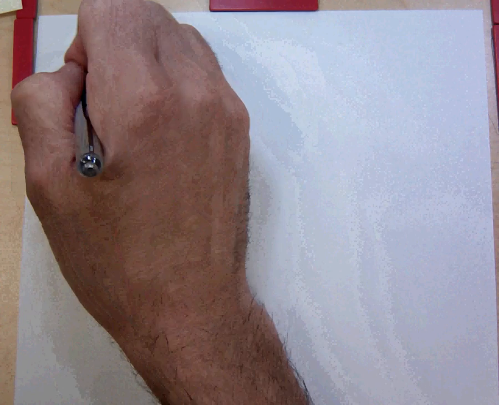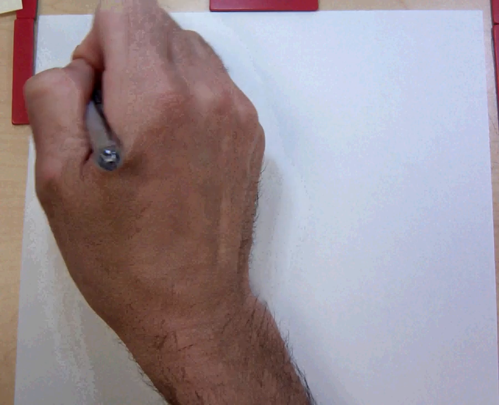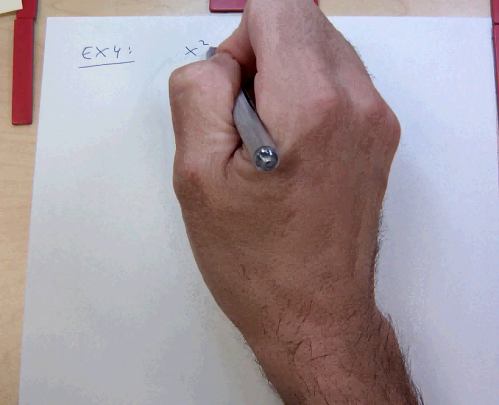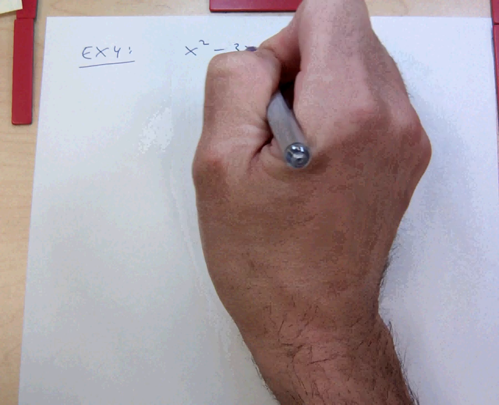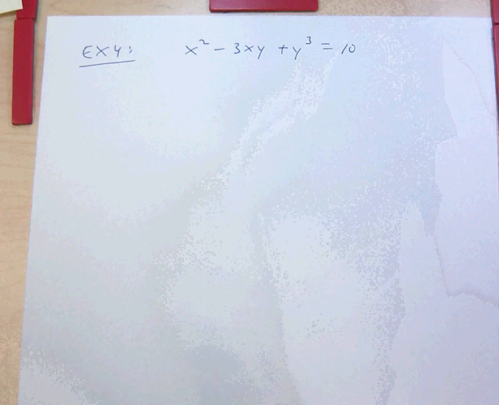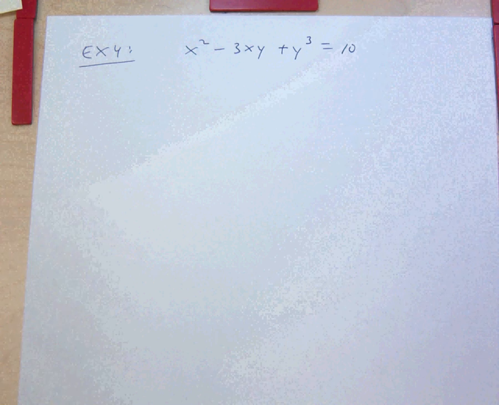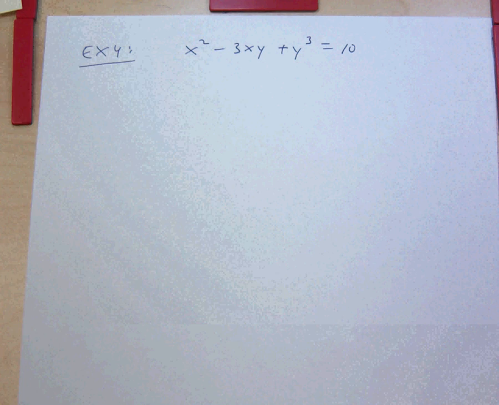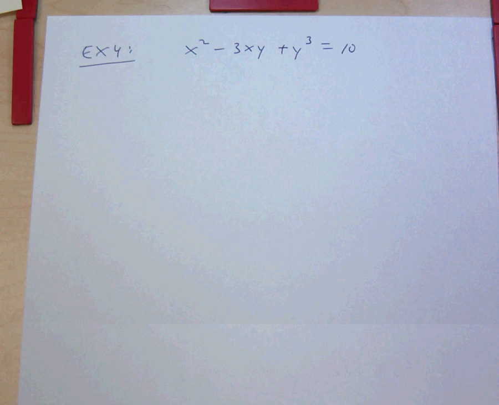Here's example 4. We have x squared minus 3xy plus y cubed equals 10. Ready? And it said, again, find the derivative. If I'm not telling you otherwise, always assume you're differentiating with respect to x.